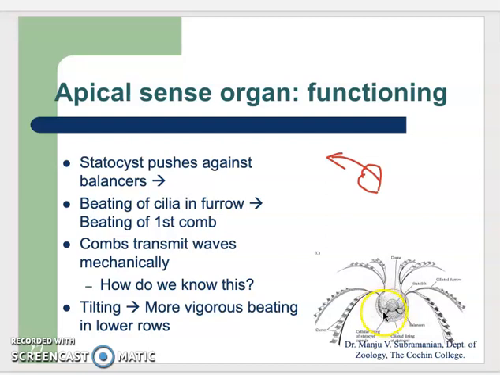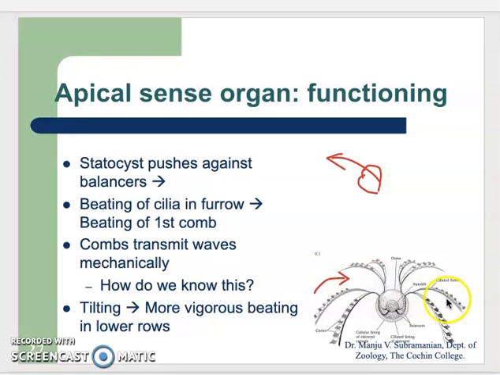Towards the left, if it is inclined, the balancer on the left hand side will exert a pressure, and this balancer carries the impulses through this groove, and the impulse reaches the cilia, and the cilia start beating vigorously, and at that time the organism shifts back to the normal position.